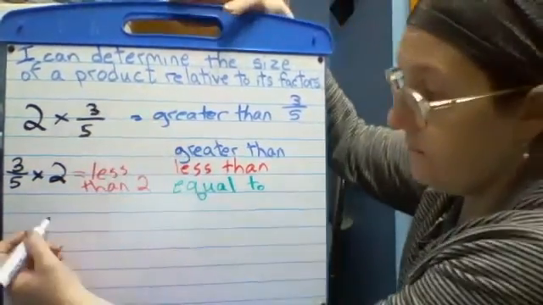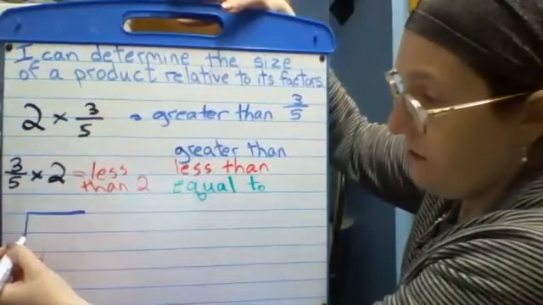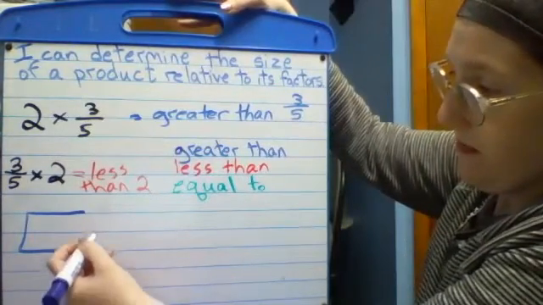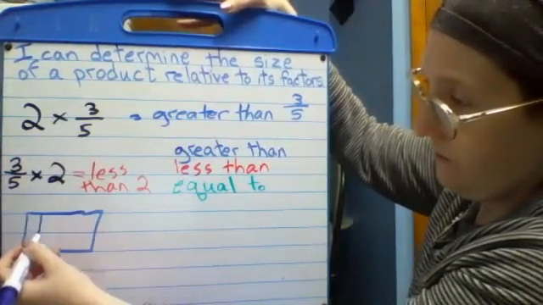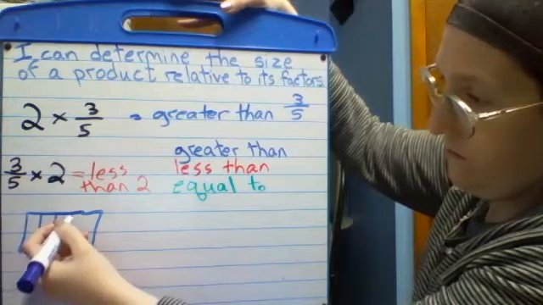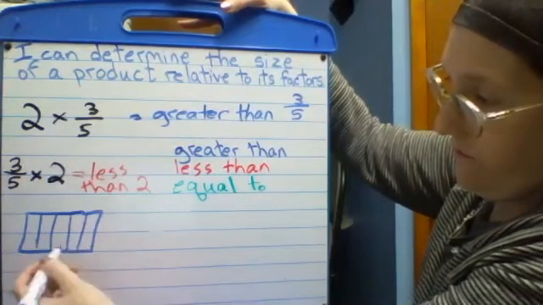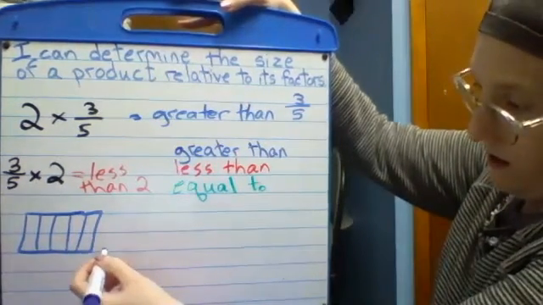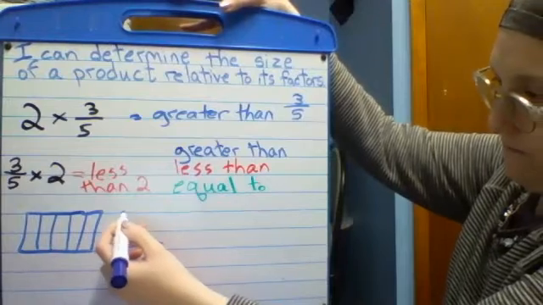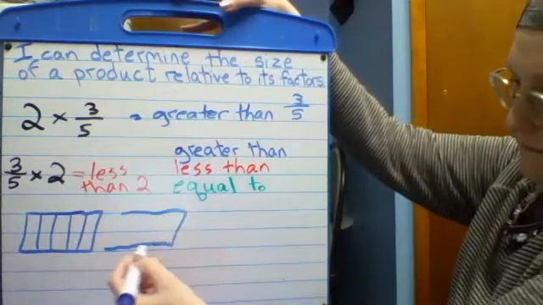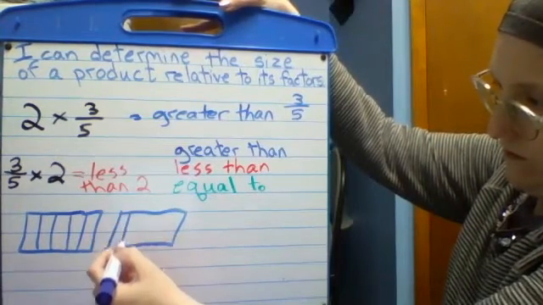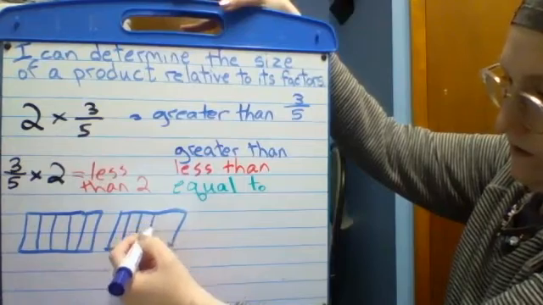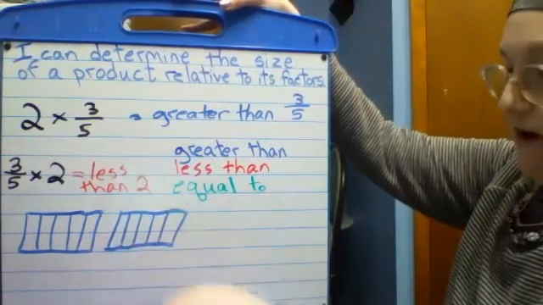Let's see that using a model. If I take 3/5, 1, 2, 3, 4, 5, and I need 2 of them. 1, 2, 3, 4, 5.